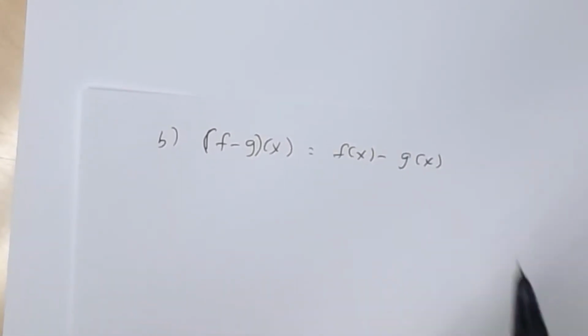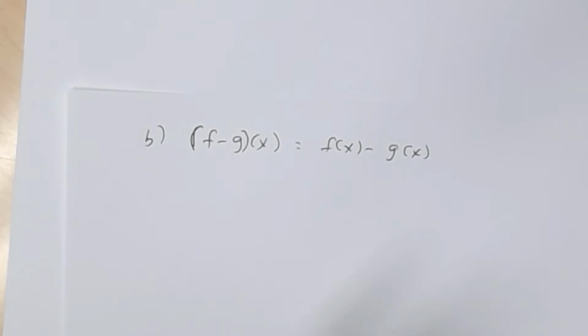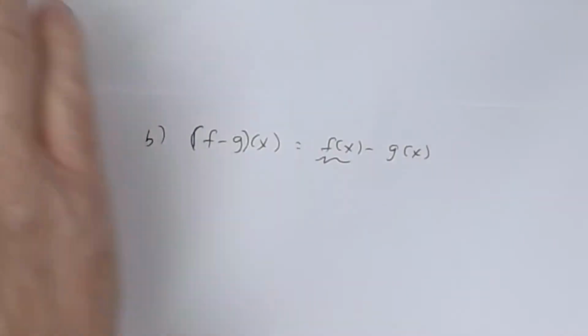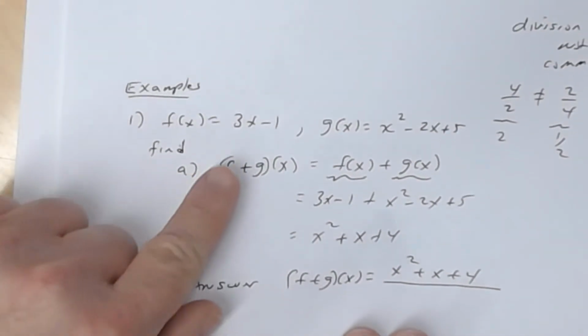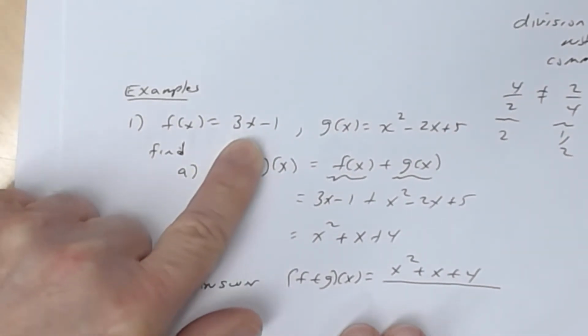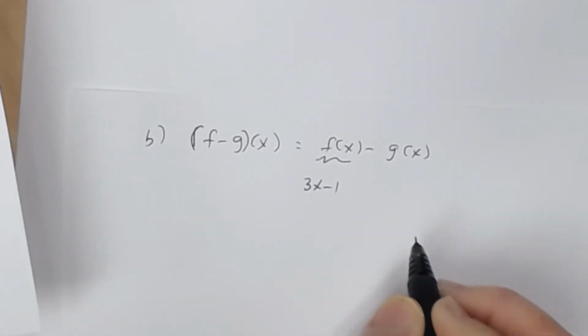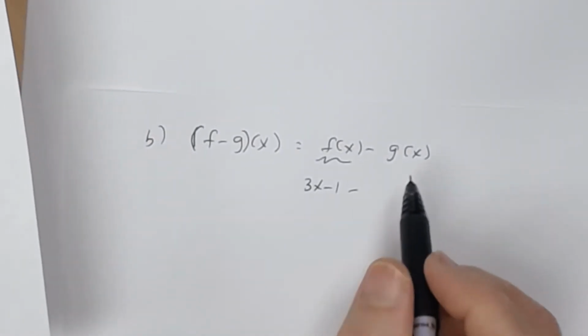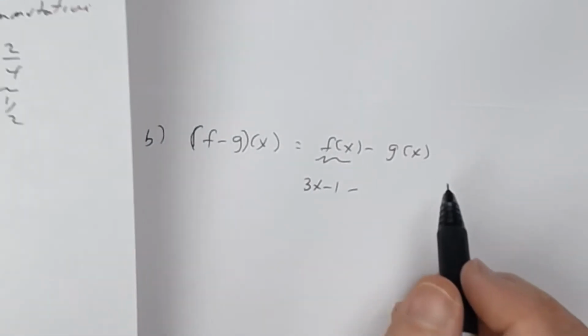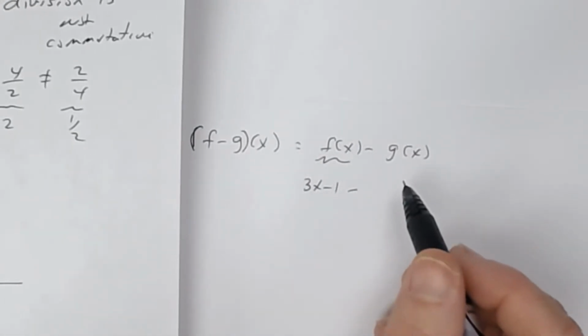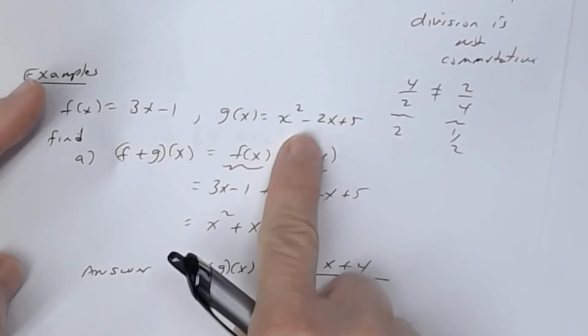Now I'm going to substitute what I know. I know f of x. f of x is right here, 3x minus 1. So put that right underneath f of x. Minus, and this is where you've got to be careful, g of x. This is where some of you are going to make a mistake. g of x is this, remember?